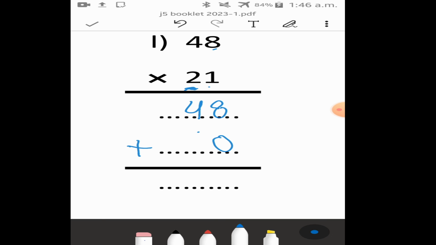So 2 times 8 equals 16, write 6 and carry 1 to the next digit. And 2 times 4 equals 8 plus 1 equals 9. And then add: 8 plus 0 equals 8, 4 plus 6 equals 10, put 0 and carry 1. 1 plus 9 equals 10. This is how to multiply two numbers by the standard algorithm.